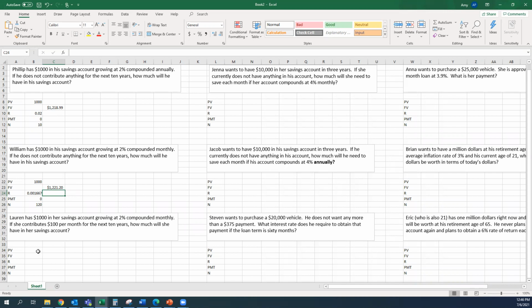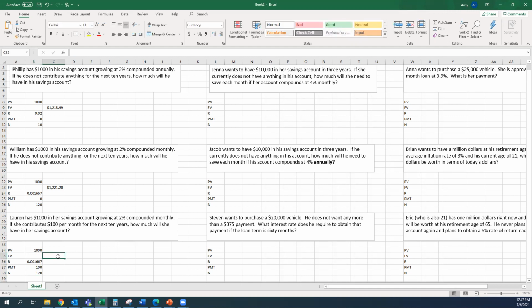So let's go down here. Laura has $1,000 in her savings account. It's going to grow at 2% compounded monthly. So again, remember, we're going to do that rate divided by 12 because that will give us our monthly rate. She's going to contribute $100 a month for the next 10 years. And again, we're going to do 10 years times 12 months.